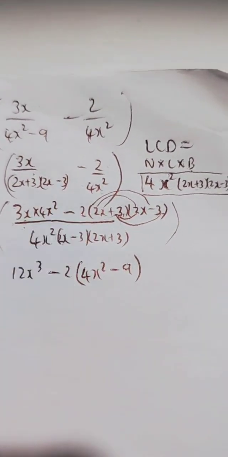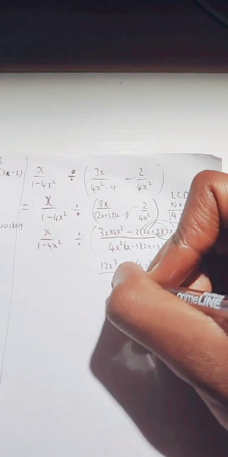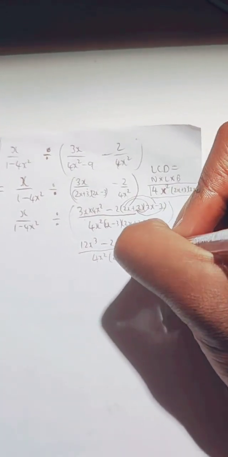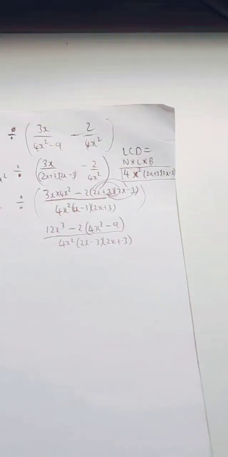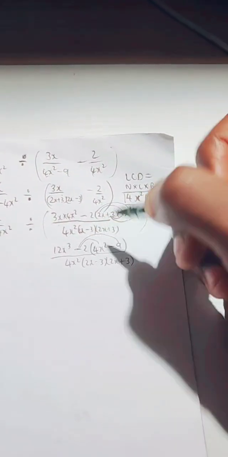Then the negative 2, we are going to distribute that now. Remember the LCD is kept having open brackets as it is. Now we are going to distribute this negative 2 inside this bracket. Let's not forget my x over 1 minus 4x squared divided by.